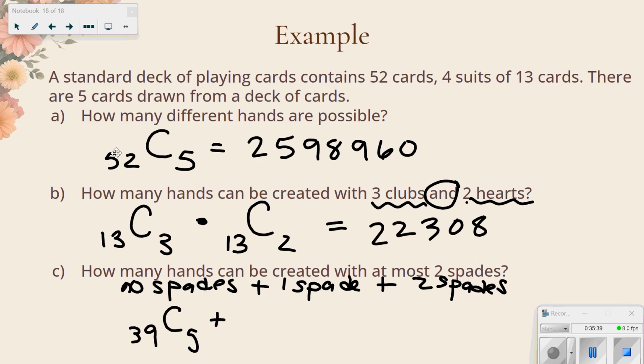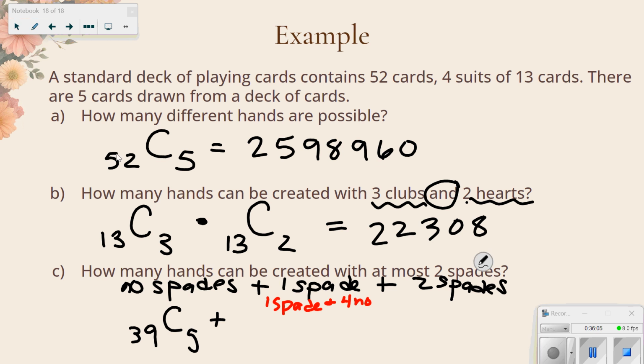So in my deck, I will have 1 spade, and what else would I have? 4 other non-spades. So if I have 1 spade and 4 non-spades, I'm going to have another kind of compound situation within here.